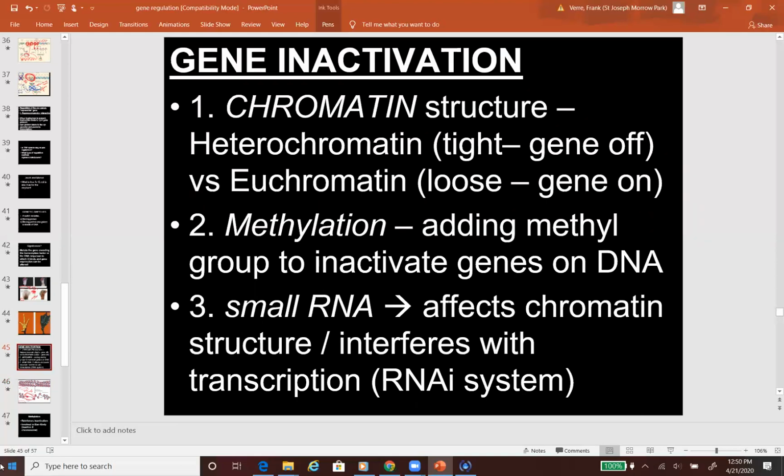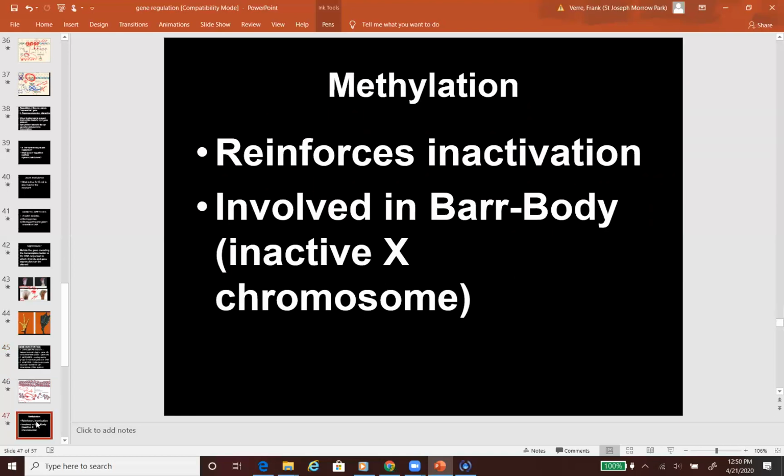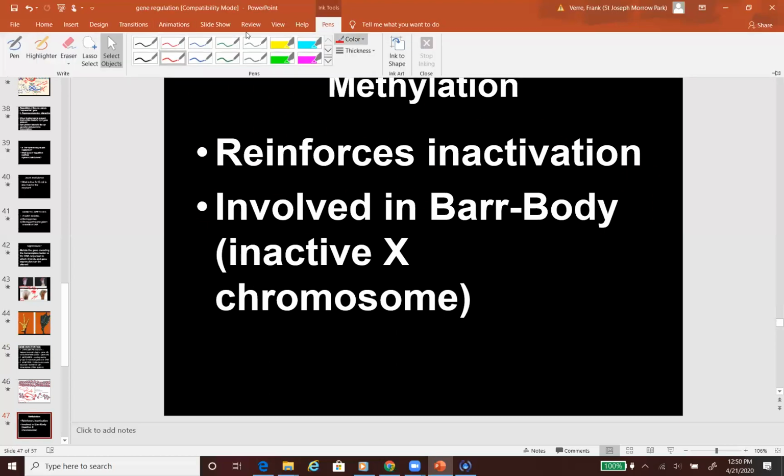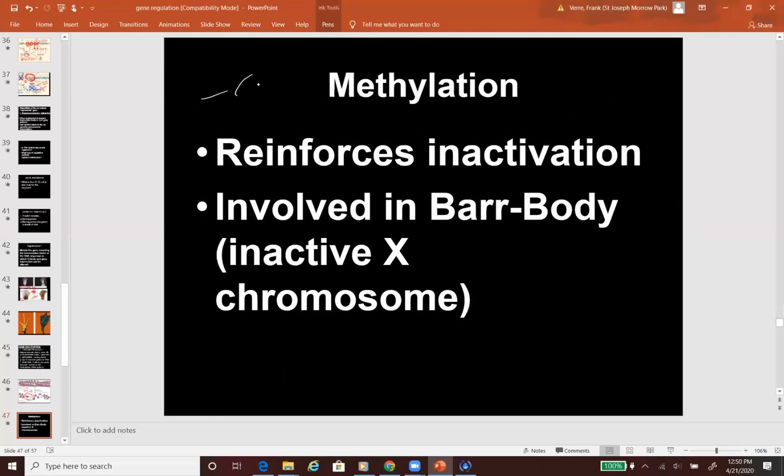The second thing on this list, these are other things to consider in terms of gene regulation, is something called methylation. And methylation is when you add a methyl group. A methyl group is simply, if you remember from your chemistry, CH3, okay?